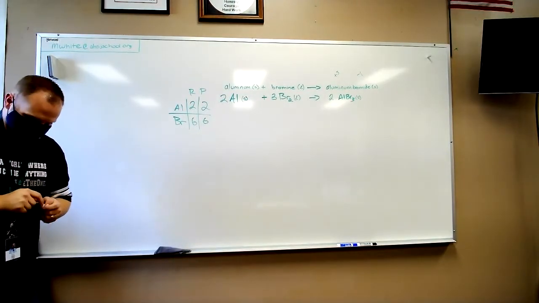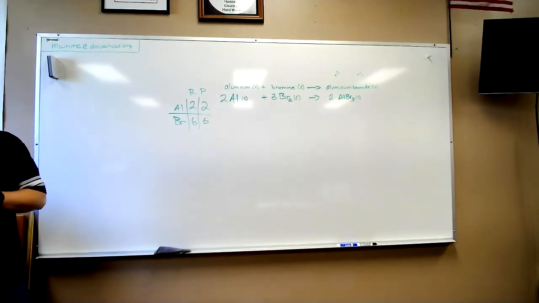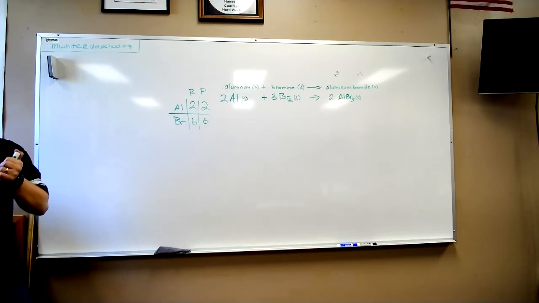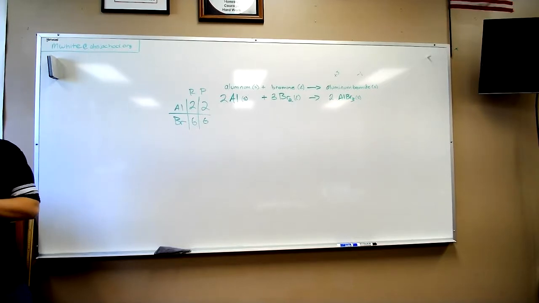Balancing equations, it's one of those things where a lot of people struggle with it right at first. But once it clicks, like once you figure out what we're doing, it actually just sort of becomes easy.